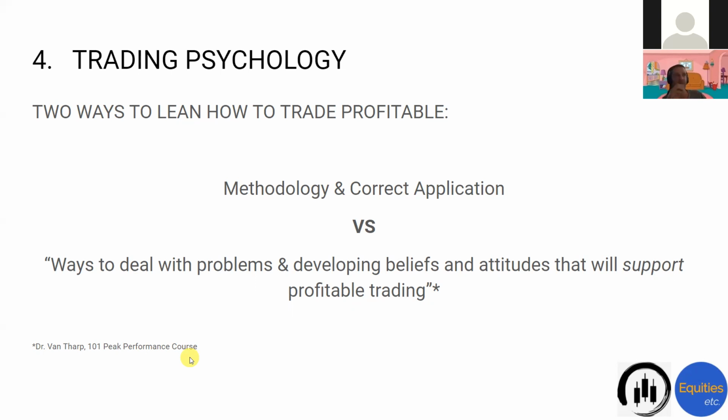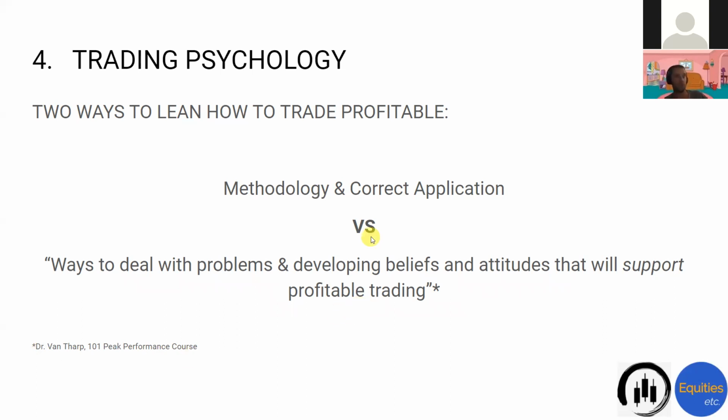He says there are two ways to learn how to trade, and those are very separate from each other. One is just pure methodology, the correct application of your system or your setups, whatever. And the other way is ways to deal with the problems that occur while trading and developing those beliefs and attitudes that will support your profitable trading.